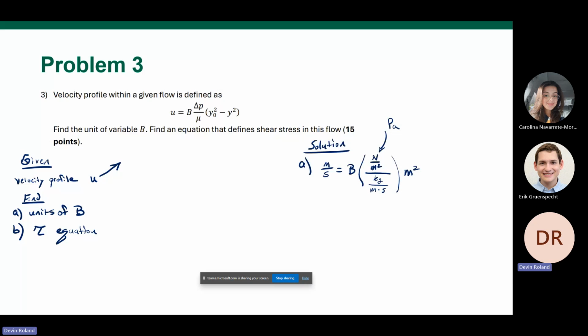Okay, so then if we start canceling units, combining things, then we will see that this meters squared and that cancel. And so then let's rewrite this. So then we can say that meters per second equals B times a Newton, which is a kilogram meter per second squared.